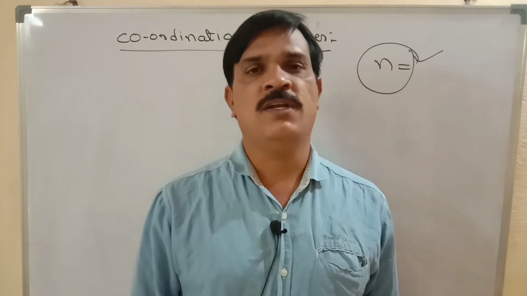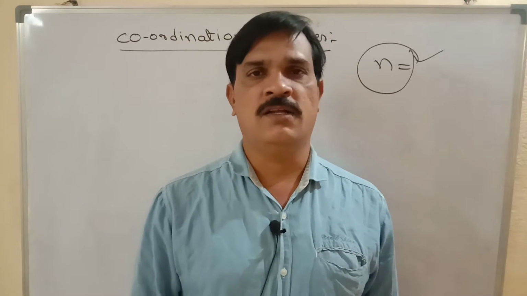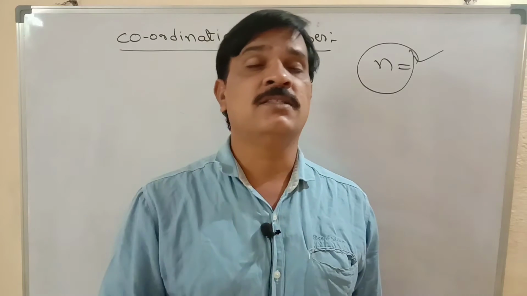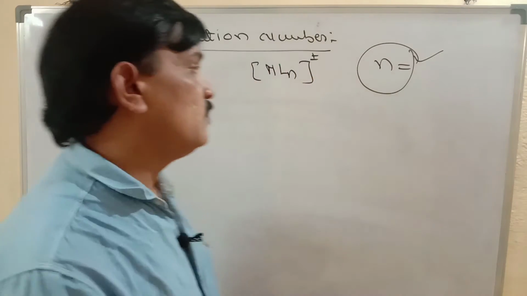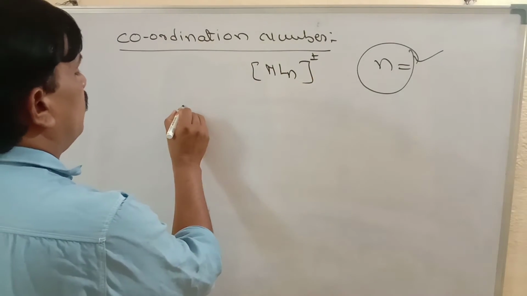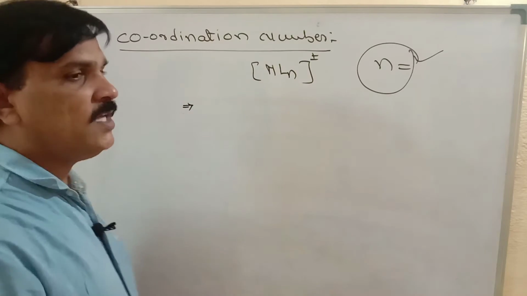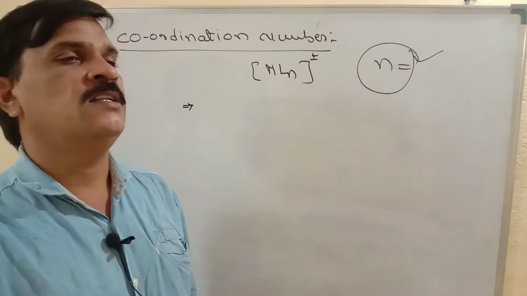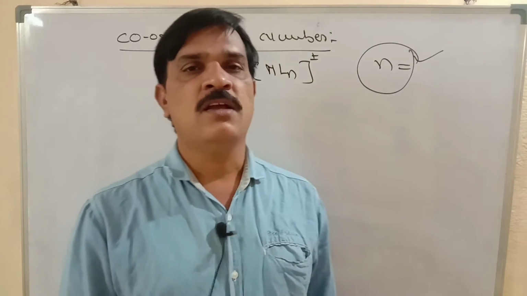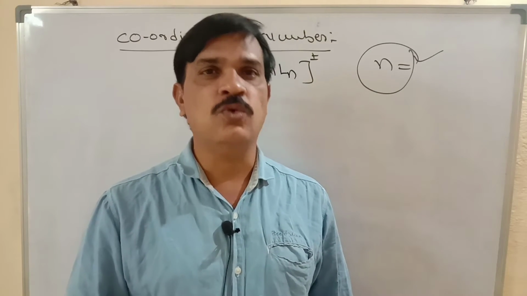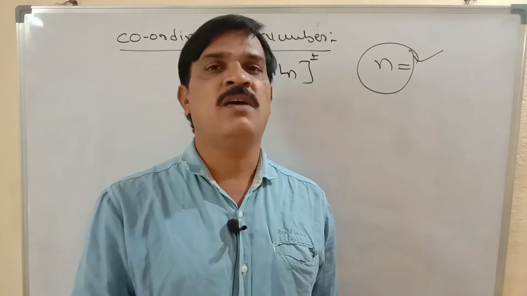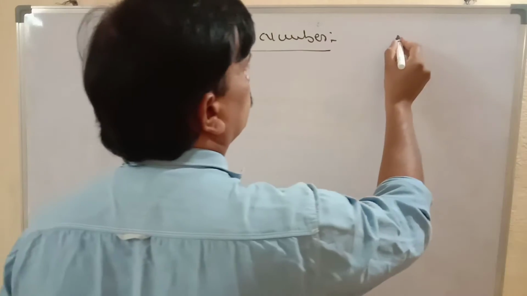The number of ligands around the central metal atom is known as coordination number. Some atoms or ions may form pi bonds, but we don't consider those as coordination number. Just consider only those ligands which form sigma bonds.